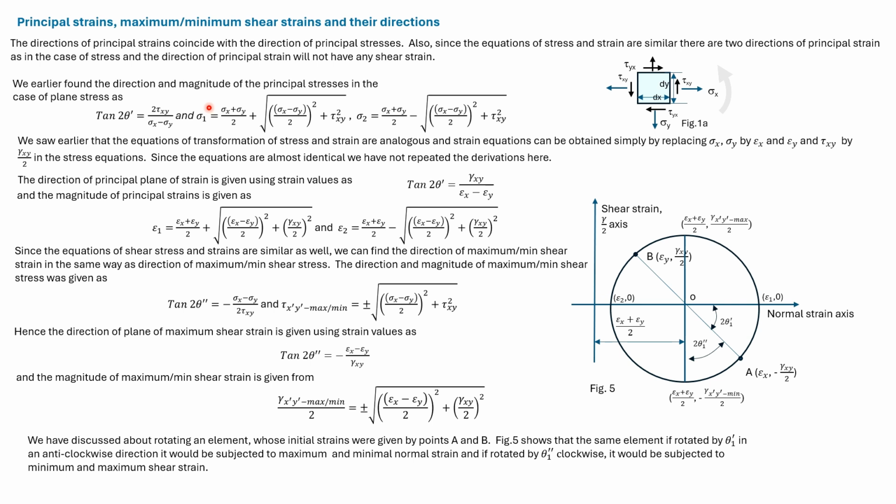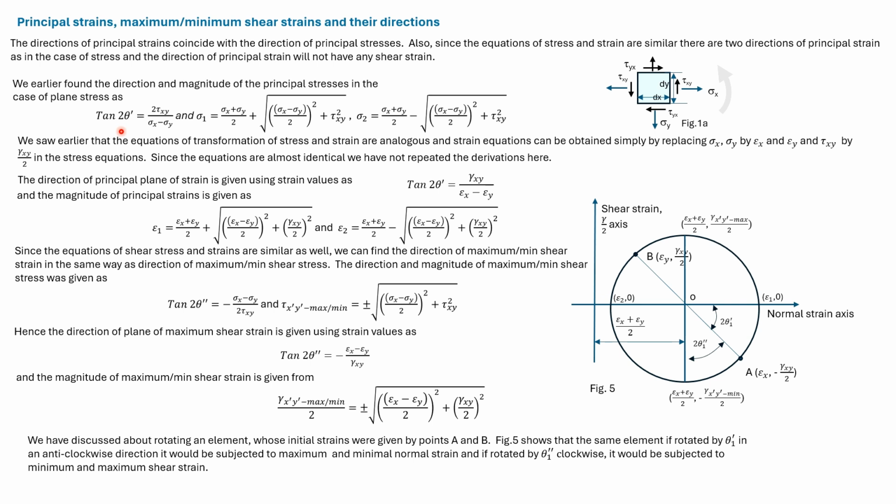We found the equations of direction and magnitude of the principal stresses from the equations of transformation of stresses. In a similar manner, the equations of direction and magnitude of principal strain can be found from the equations of transformation of strain. However, the method is nearly identical to that of principal stresses and as such is not repeated here.